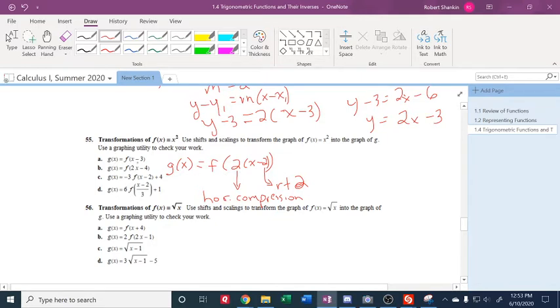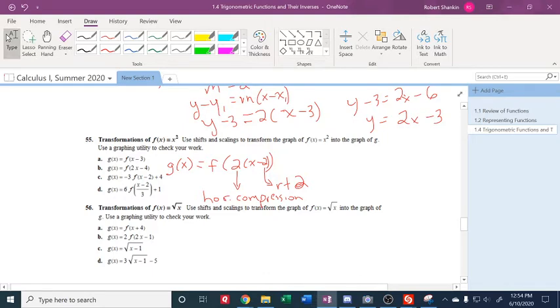But you'll get the shift wrong unless you factor that out. It's always got to be multiplied by, and then remember I talked to you about horizontal transformations are always replacing the x. When the x is replaced, it's replaced by x minus 2, so it's got to have that parentheses around it.